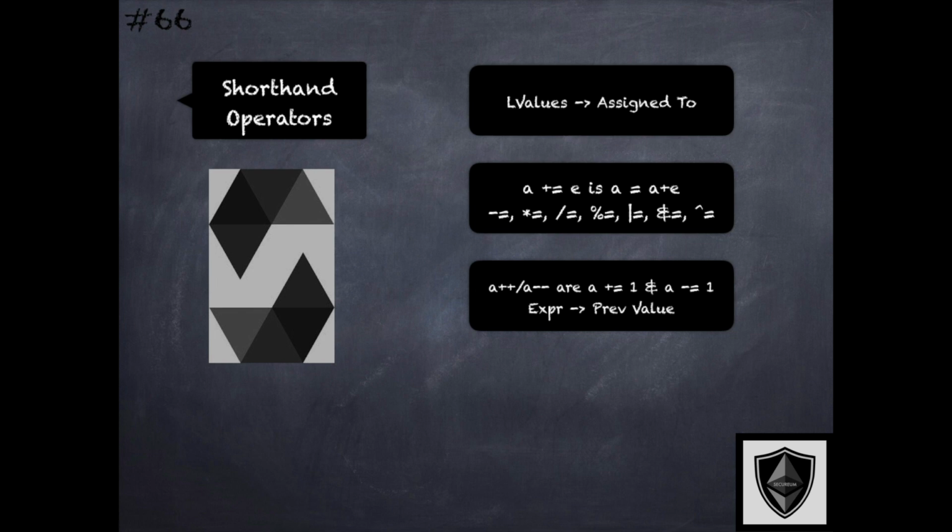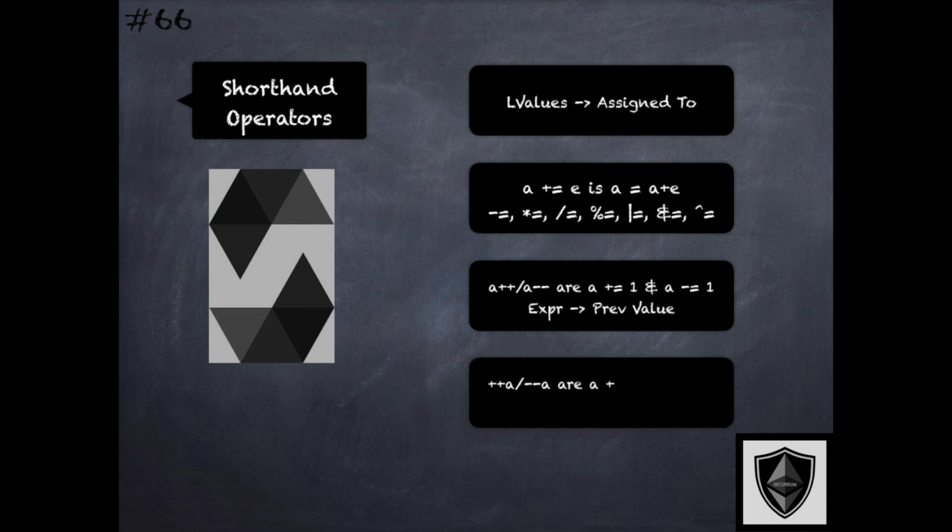A++ returns the value of A, after which the operation of ++ is performed on A. The counterparts are ++A and --A, where the result of the expression is really the value of A after the increment or decrement has been performed.